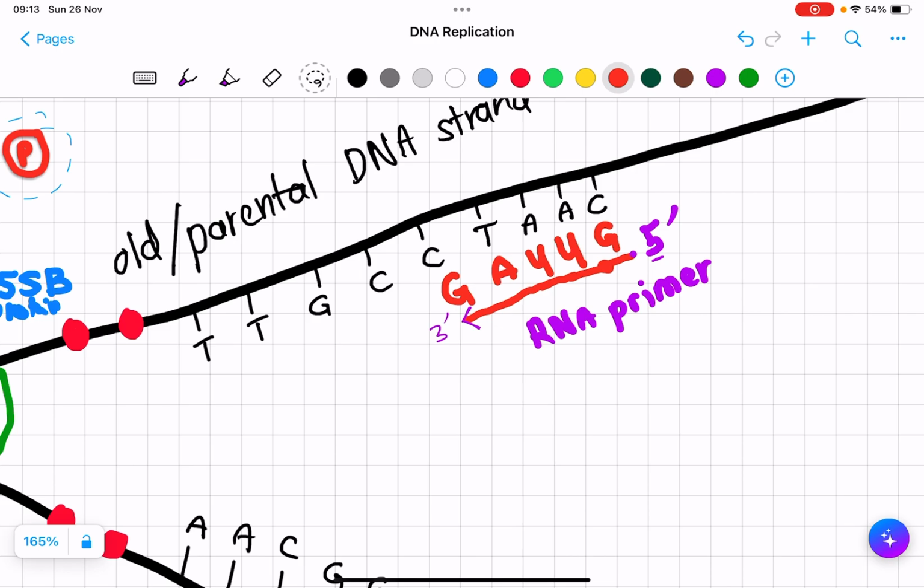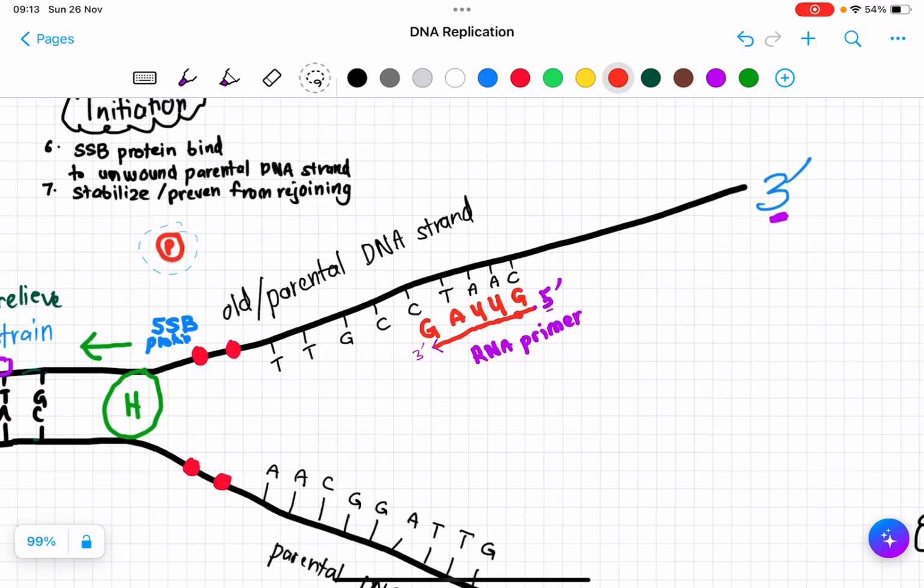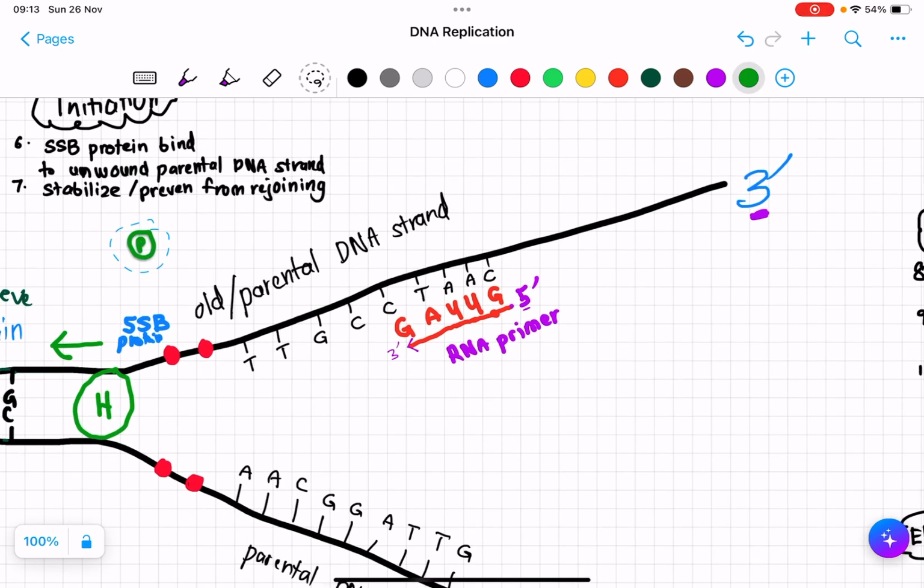Akan sambung tugas untuk add on and copy the parental DNA strand. Dengan syarat RNA primer sudah siap. So, enzim yang akan buat tu adalah DNA polymerase 3. Saya tulis 3 sajalah short form.